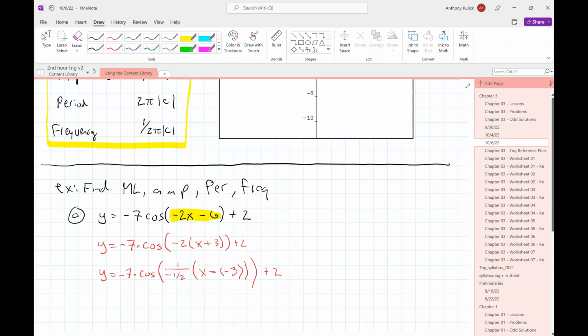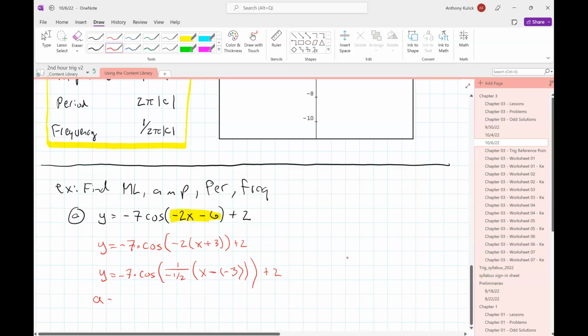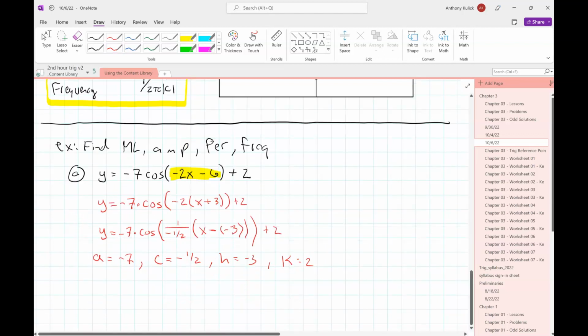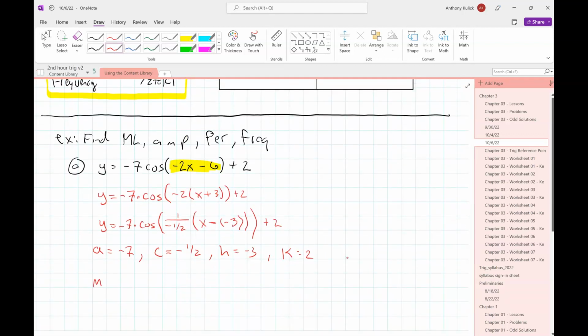Okay. So my values for A is -7, C is -0.5, H is -3, and K is 2. So the midline then is going to be y equals 2.